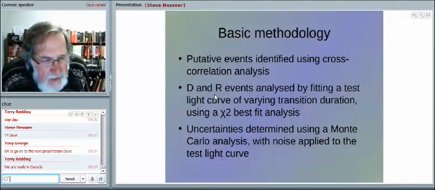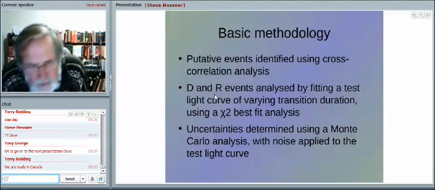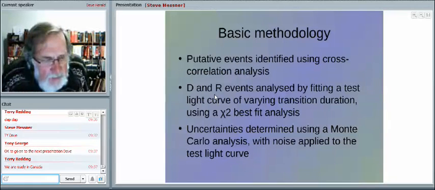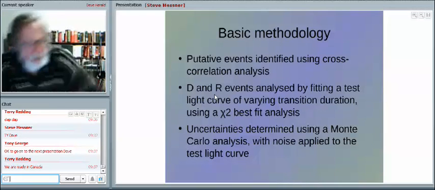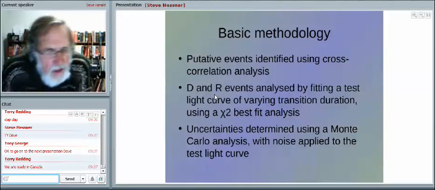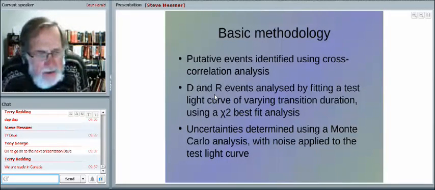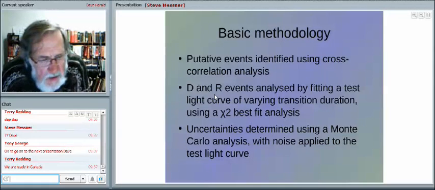The basic methodology: putative events are identified using cross-correlation analysis, very much like what was done in Occultation Watcher, although I suspect I've used a different formulation of the cross-correlation expression. The disappearance and reappearance events are analysed by fitting a test light curve of varying transition durations using a chi-squared best fit analysis.